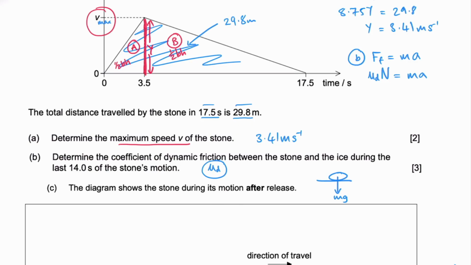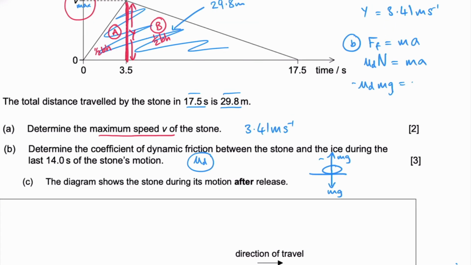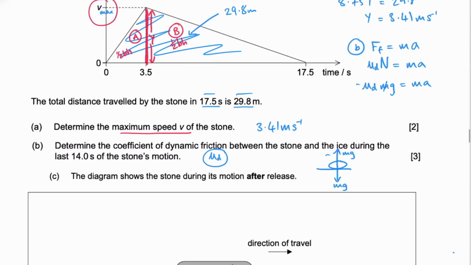Down the way is weight, and the reaction force up the way is mg as well, because it's equal and opposite. So actually what we've got is mu d mg, if you want you can make it minus because it's in the opposite direction, equals ma. The m's can cancel. We're nearly there. We want to find out what mu d is.